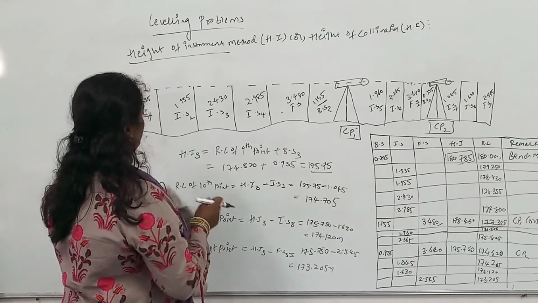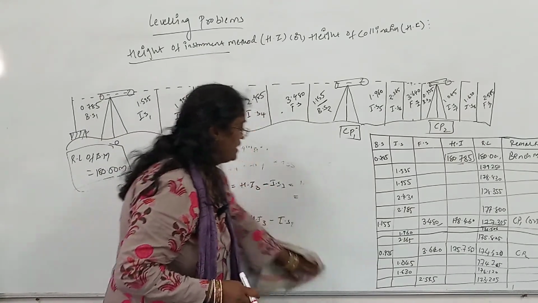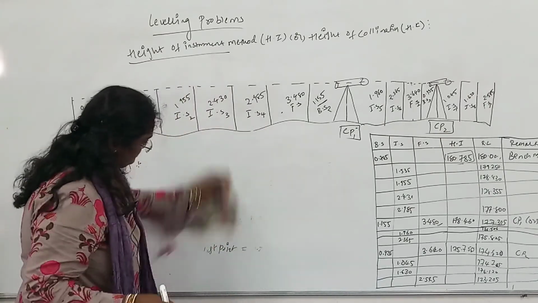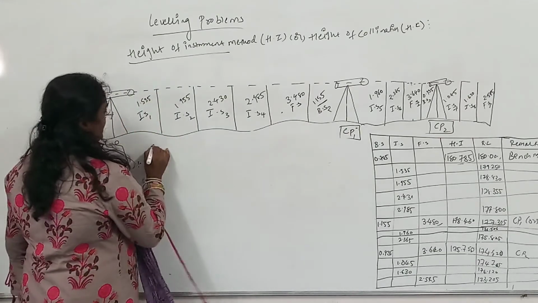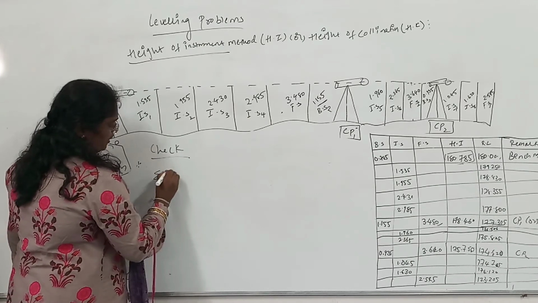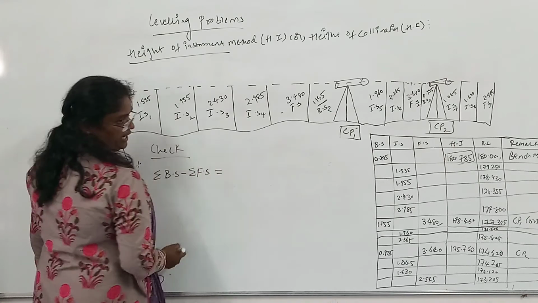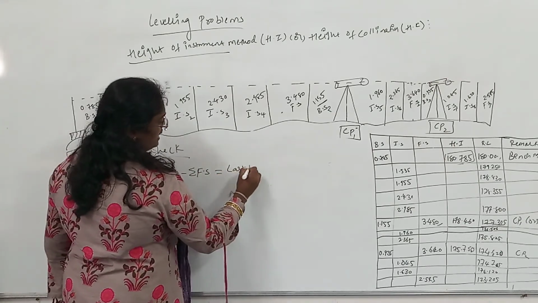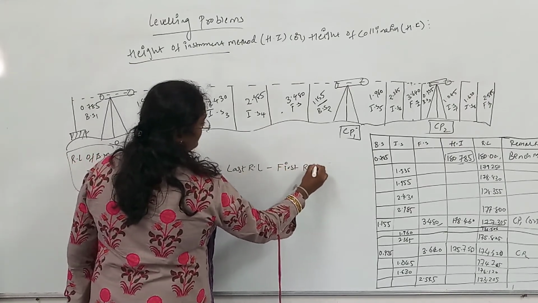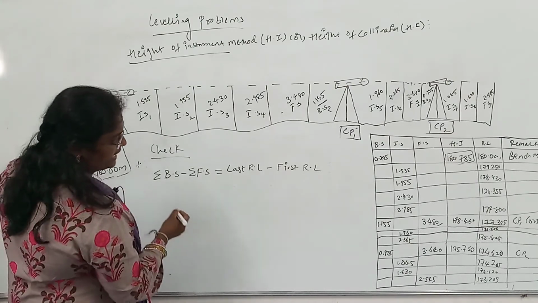Now we will go for the check. There are different checks for the two different methods. Check for the height of instrument method is summation of backsight minus summation of foresight should be equal to last RL minus first RL.